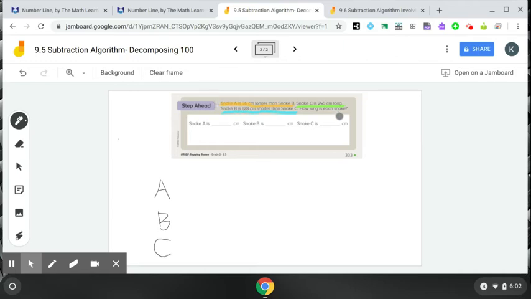We need to figure out how to put those numbers into a picture or a model that will help us. And I remember when I read this, they told me how long snake C is. It's a good thing they told me that because that's going to be very helpful. And snake C was 240 centimeters long.